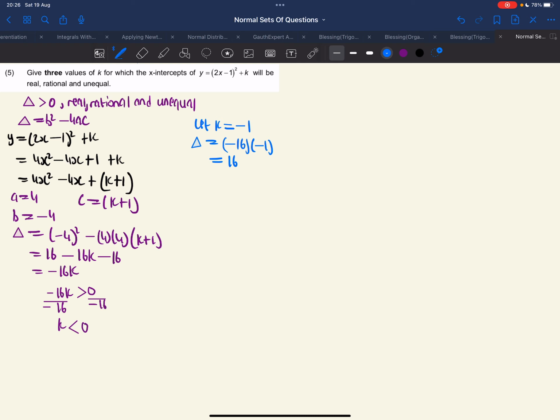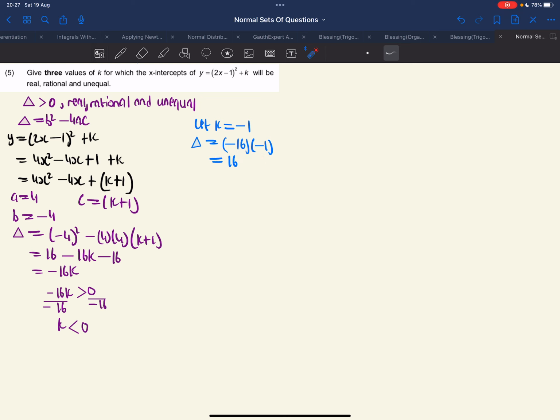Now if we let k equal -2, you say -16 times -2, you get 32. If you do the square root of 32, you get an irrational number, so we're not going to need it, because we're looking for rational. 16 is rational, so k = -1 is still valid.